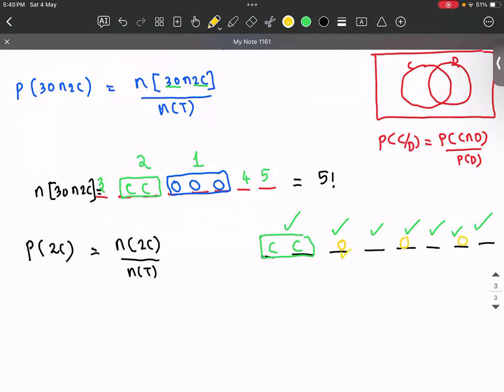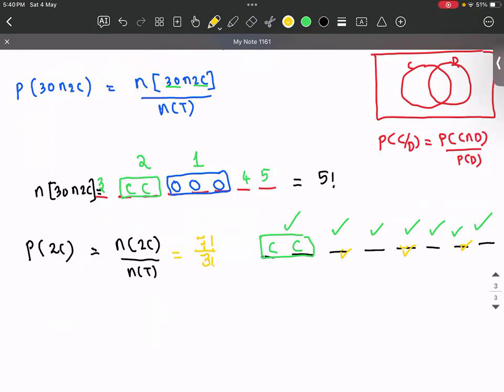Whatever be the case, we need to fill the 7 positions. So the total number of arrangements with 2C together is 7 factorial divided by 3 factorial, because the 3 O's are repeating thrice, so to avoid that repetition we divide by 3 factorial.